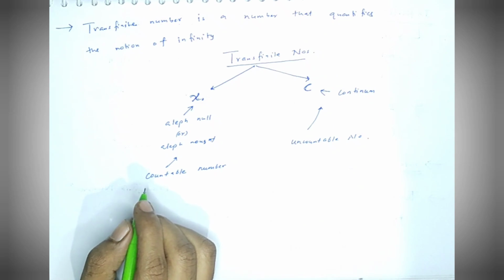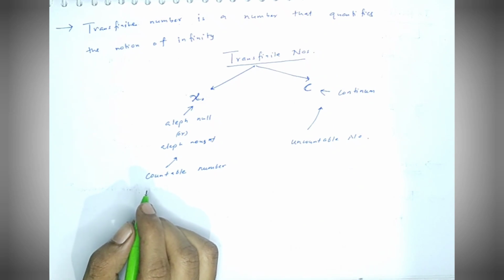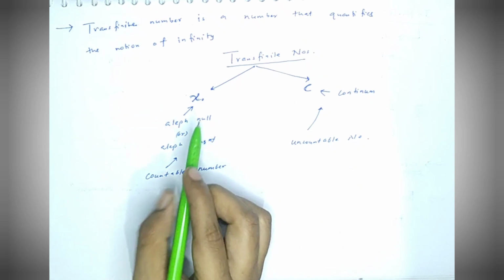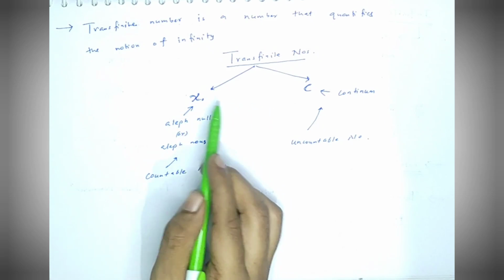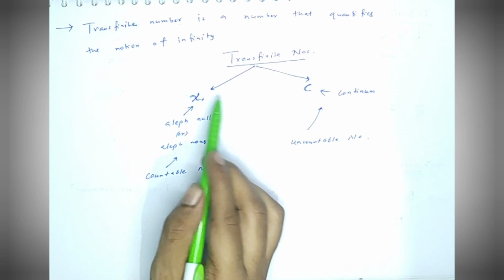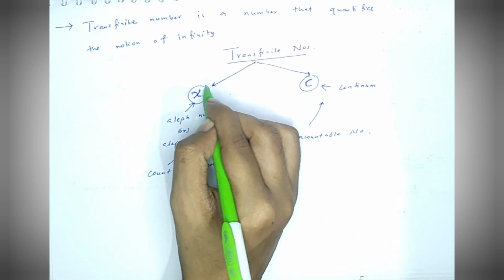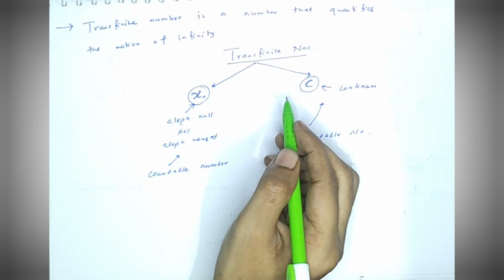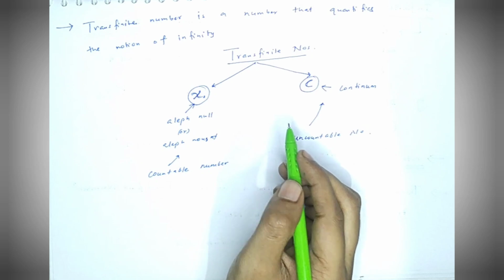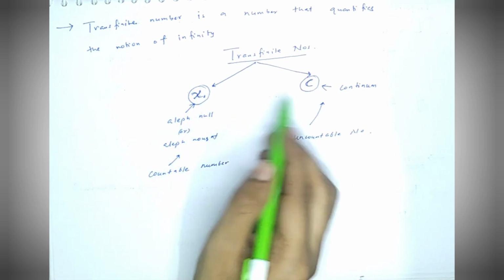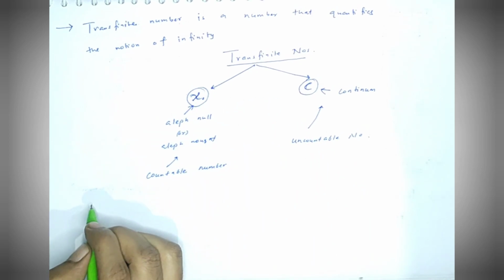Using these two transfinite numbers, we derive more transfinite numbers. These two transfinite numbers are called parent transfinite numbers.